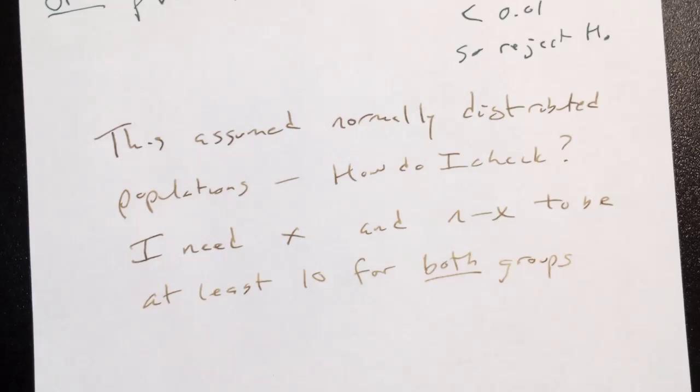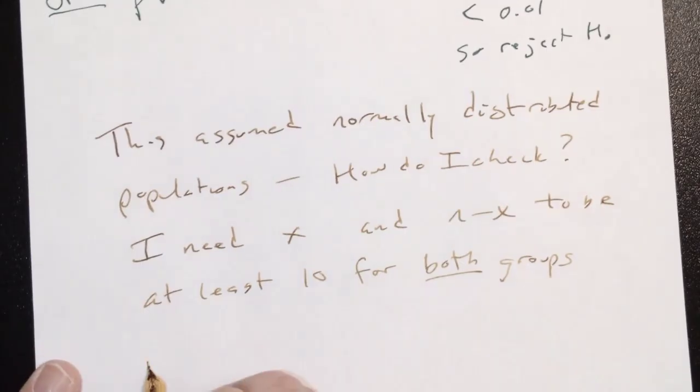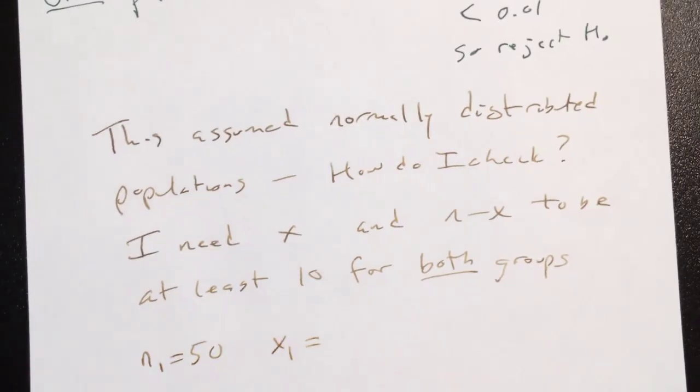So in the example we just did, population 1 was 50 people. How many successes did I have? 15, which means how many failures?